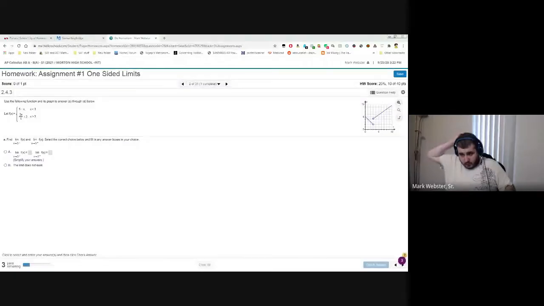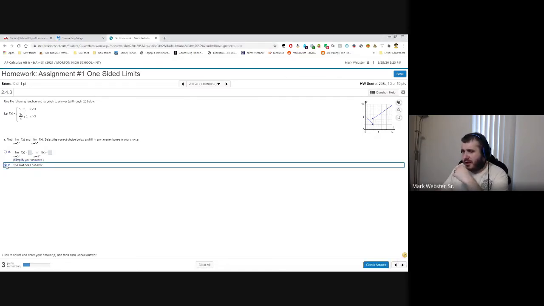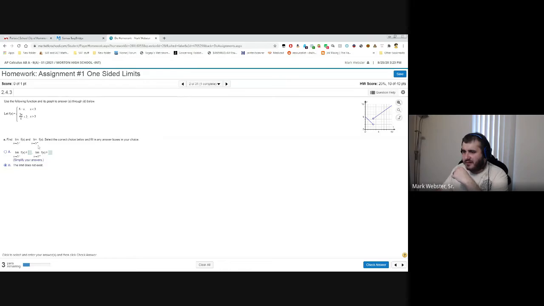Okay. So take a look here. With this one, it's obvious that the limit does not exist, and they throw that in as one of the 2 answers in there. But look what it says. It's asking you to find the left and the right-handed limit.